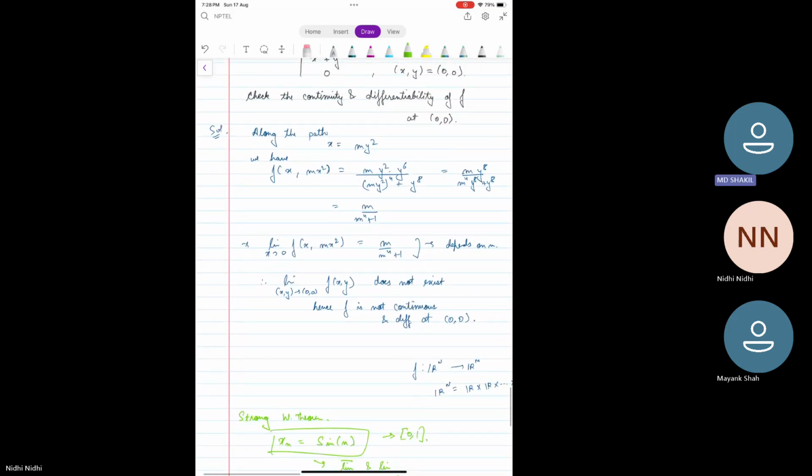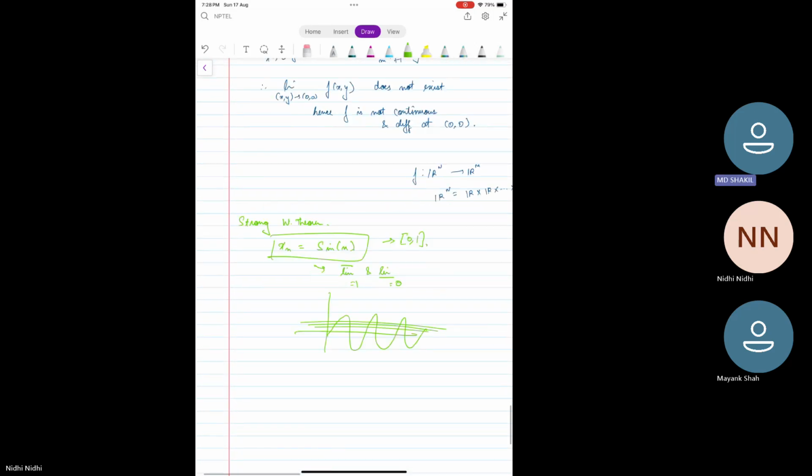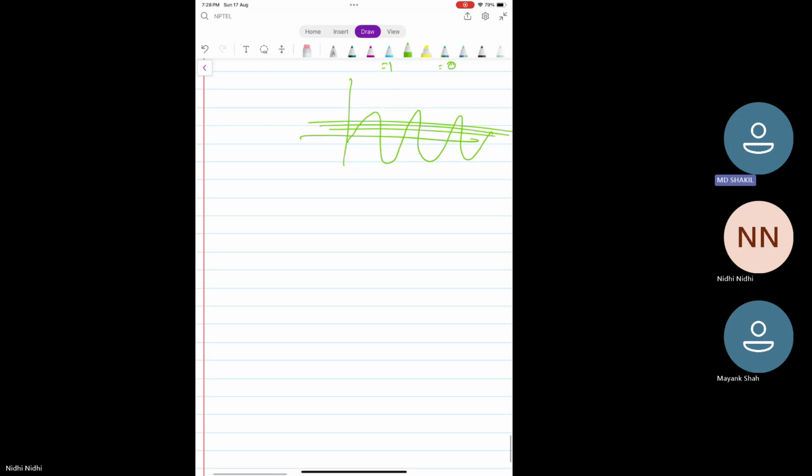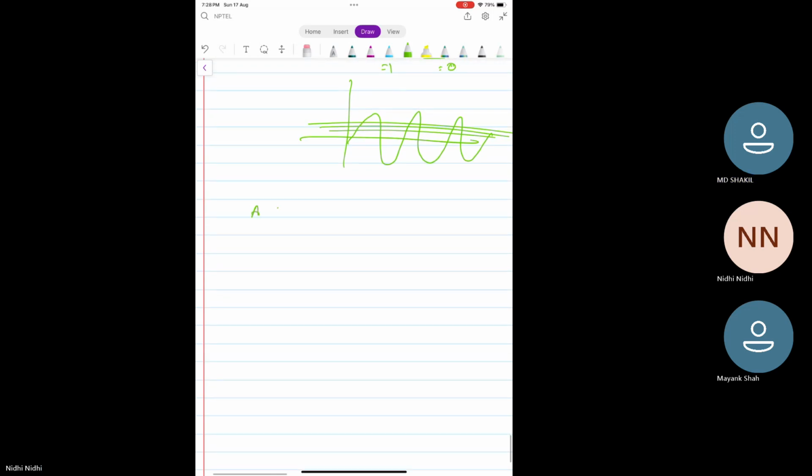Any compact subset of BC(X,R) is equicontinuous. How will it be equicontinuous? Suppose A is a subset of BC(X,R), the set of all bounded continuous functions, and X is given to be a compact metric space.